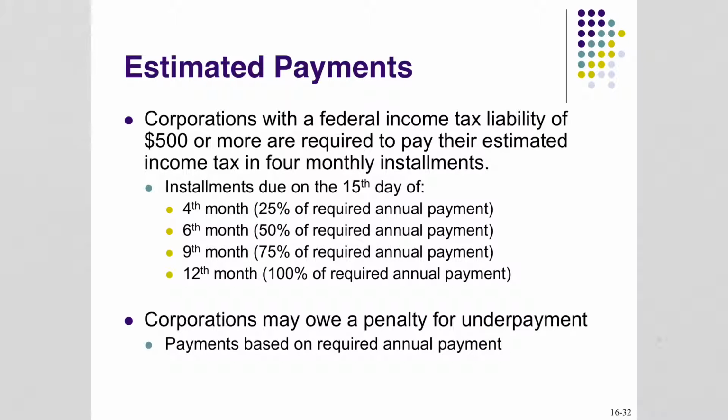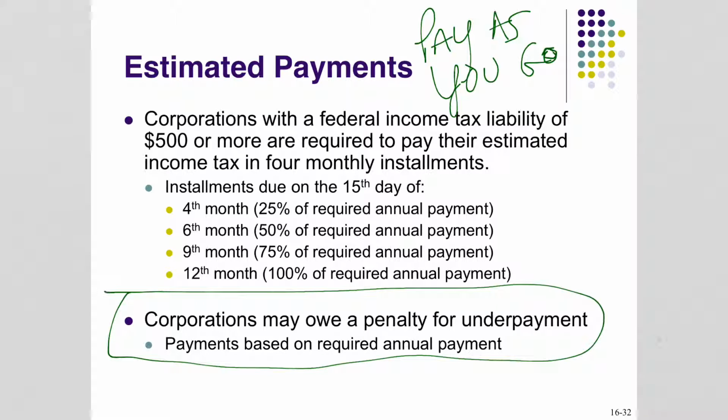Like individuals, corporations need to pay tax on the pay-as-you-go scheme, you remember this expression. Just like individuals have to do that, corporations have to do the same thing. So there are rules about installment payments when they're due during the course of a year. There are penalties if you underpay as you go here. And there are some safe harbor rules, similar to individuals, for corporations to make their estimated taxes during the course of the year.